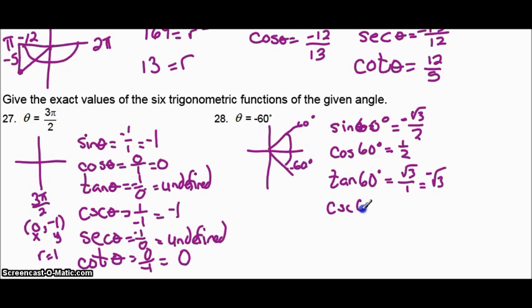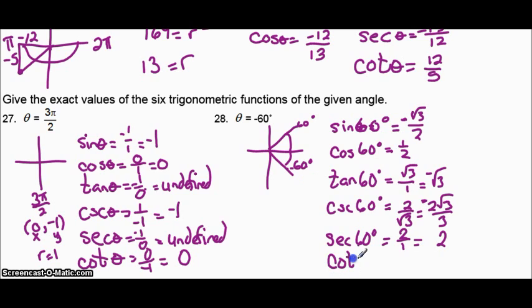Cosecant of 60 degrees would be 2 over the square root of 3, which would become 2 square roots of 3 over 3, and cosecant is negative in the fourth quadrant. Secant of 60 degrees would be 2 over 1, or simply 2, and it is positive in the fourth quadrant, so it just stays 2.